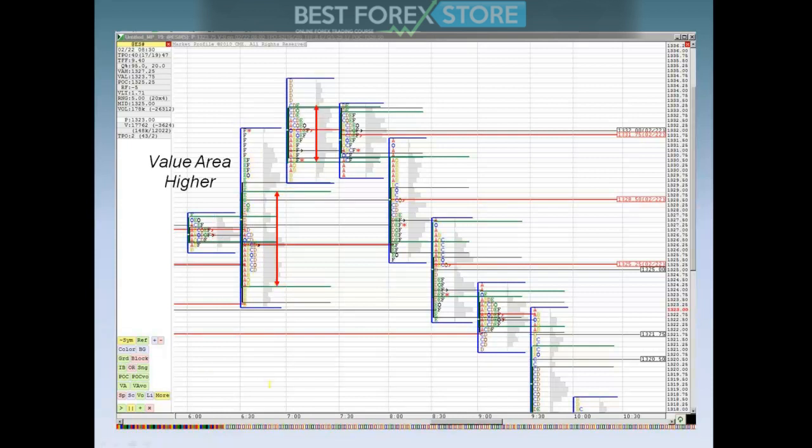All right, now let's take a look at what happens next. We get a standard value area higher. It is very important to take a look at where this closed and then take a look at where this opens and begin to see how value is developing. Take a look at what happened in the A period, which was really the first 5 minutes of this second half-hour period. Prices came down quite a bit.